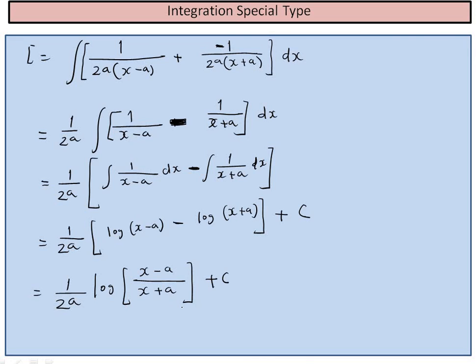This is the answer which we had to prove. समझ गए बच्चों? चलो, थैंक यू.